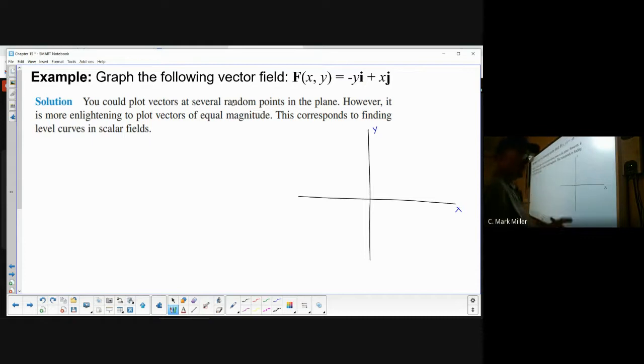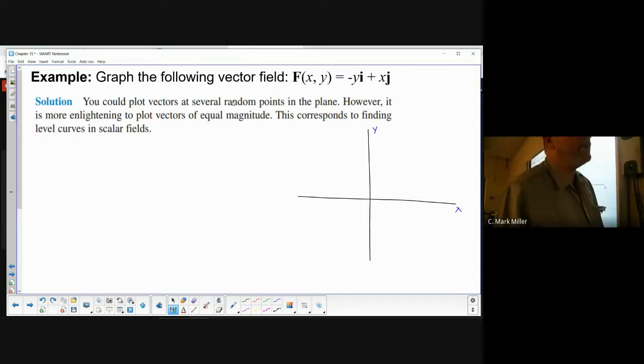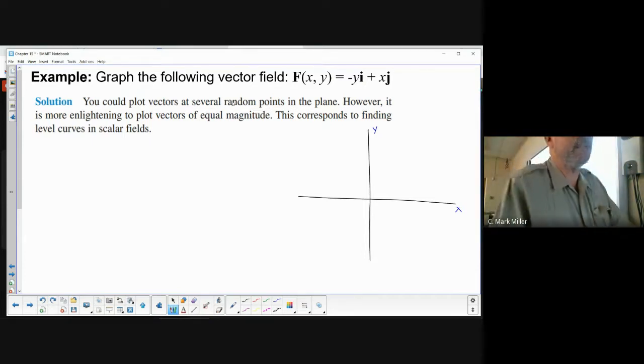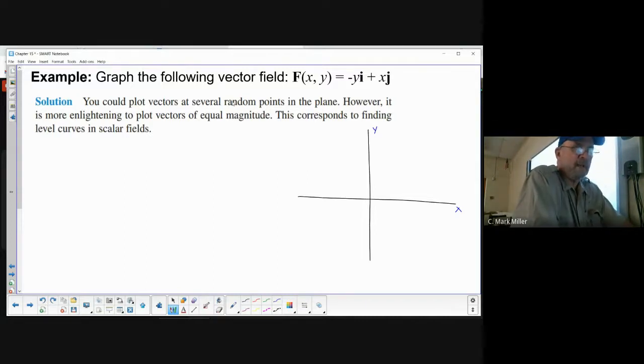Now, the comment here, I hope, is useful. You could plot vectors at just random places in the plane, and you might see a pattern that way. You probably would eventually. However, I like it better to plot vectors of equal magnitude, or I like doing vectors along vertical and horizontal lines.